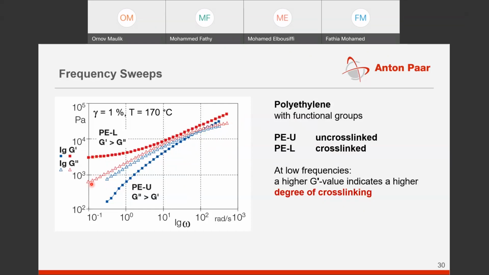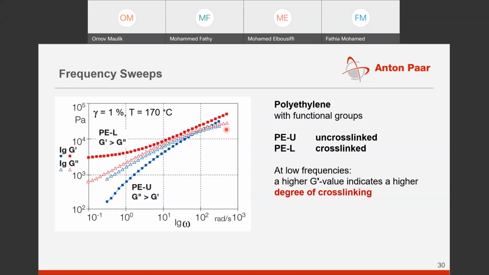So here you can see that at the low frequency regime, the magnitude of G prime and G double prime has increased. The difference between the magnitudes compared to a high frequency would mean that your material or your sample is getting much stiffer. If there is a very high difference between the magnitude of G prime and G double prime, then you can say that your material is much stiffer than what it used to be.